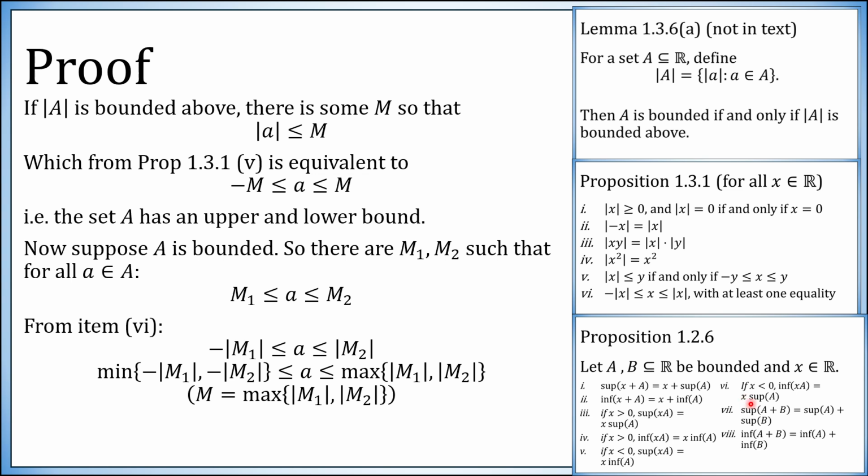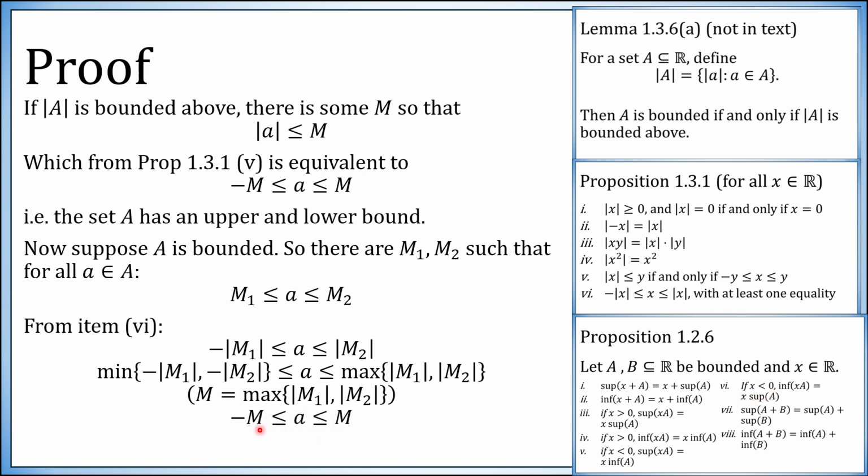So -1 times M, the maximum of this two-element set, is equal to the infimum of, take every element of that set and multiply it by -1. But since this is a finite set, if I multiply everything by -1, I get another finite set, and an infimum is actually a min. So what we have here is that the minimum of the negatives is equal to -1 times the maximum of the positives.